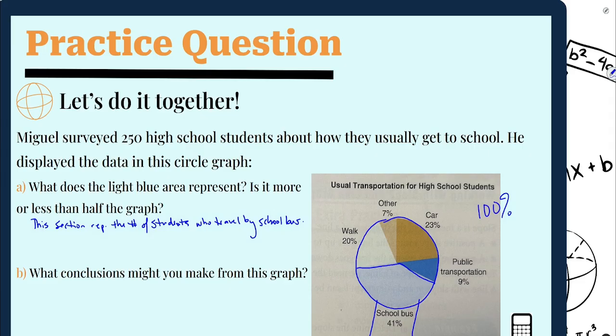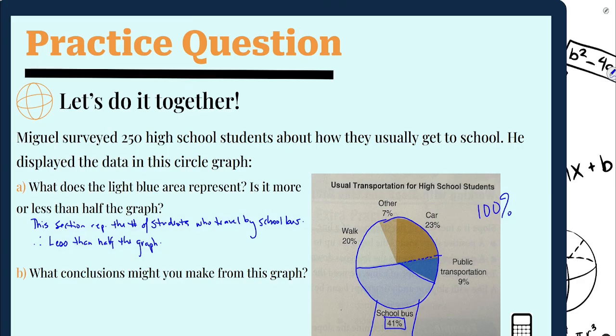So if we were to just look at it visually, we could see that it's not quite half. If we were to continue with the line, that would be half. But the other thing you can do is look at the bottom where it specifically tells us it's only 41%. So therefore, less than half the graph.